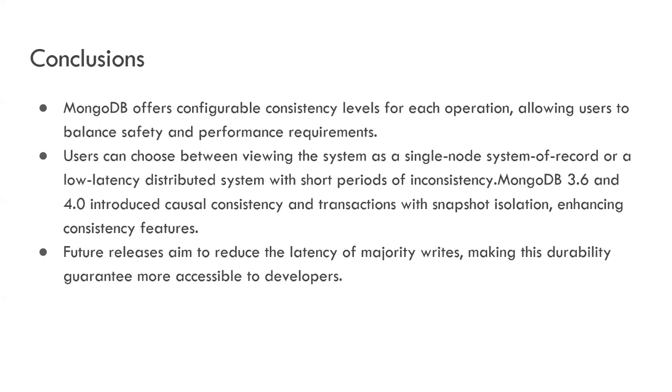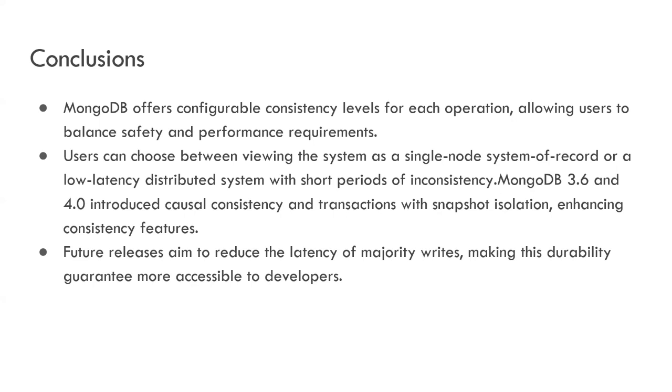MongoDB's flexibility in this regard is instrumental, with the introduction of causal consistency and transactions with snapshot isolation in MongoDB 3.6 and 4.0, the platform has expanded its consistency offering with a commitment to further enhancements in this realm.